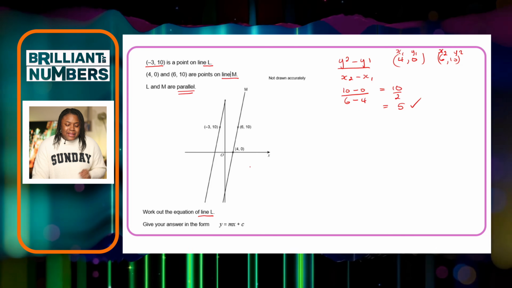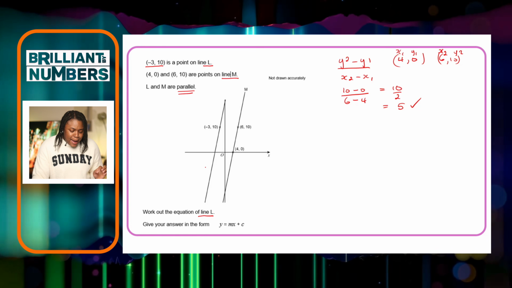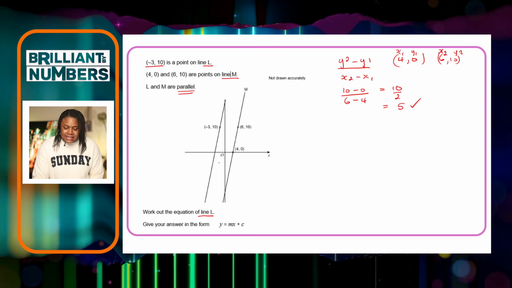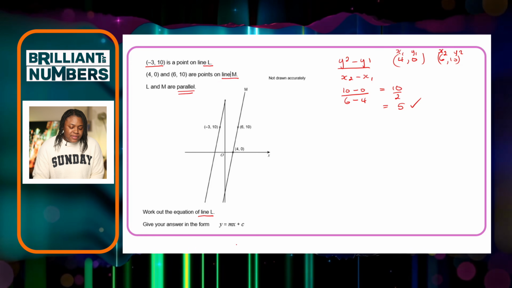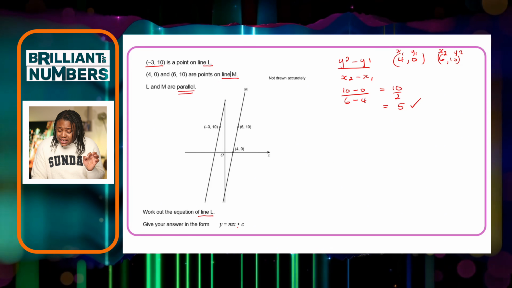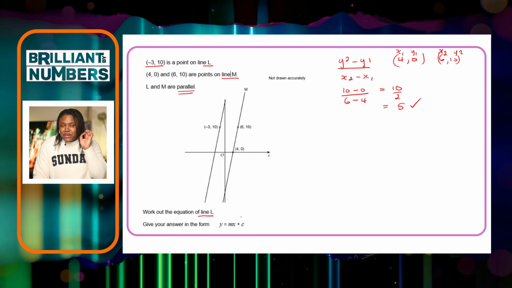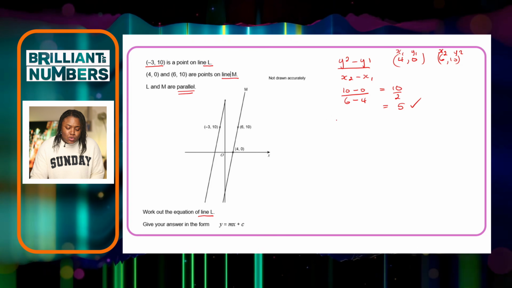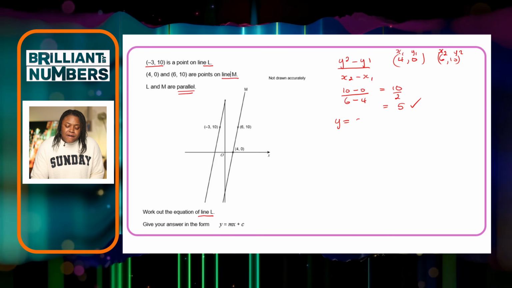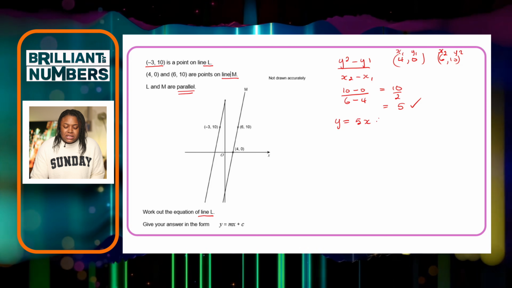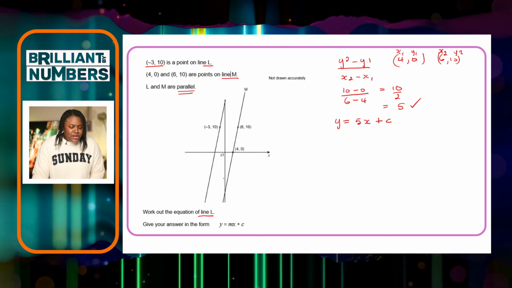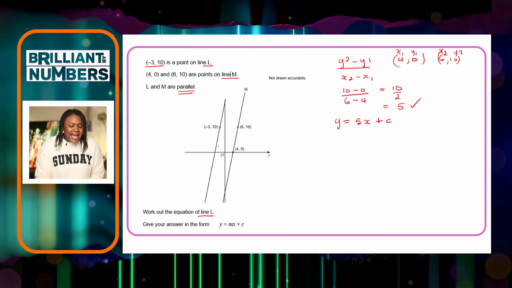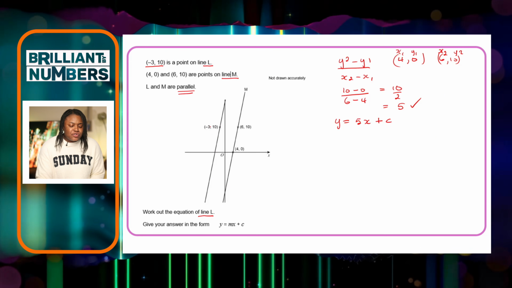We know that the gradient of the line L will also be the same. And remember, we need to find the equation in the form y equals mx plus c. So already I have my gradient, so I'm going to write that down. y equals 5x plus c, because I don't know what c is yet. However, I know a point on the line L to be minus 3, 10.